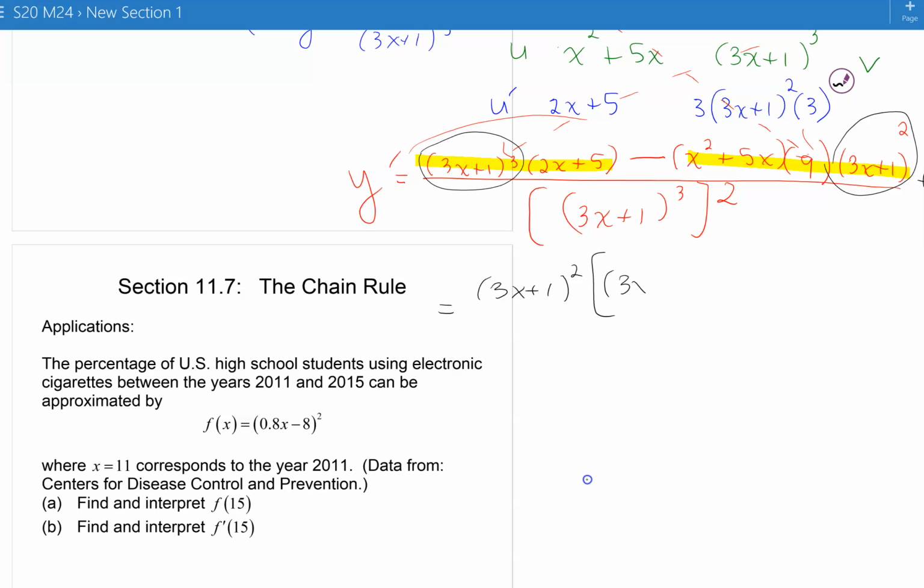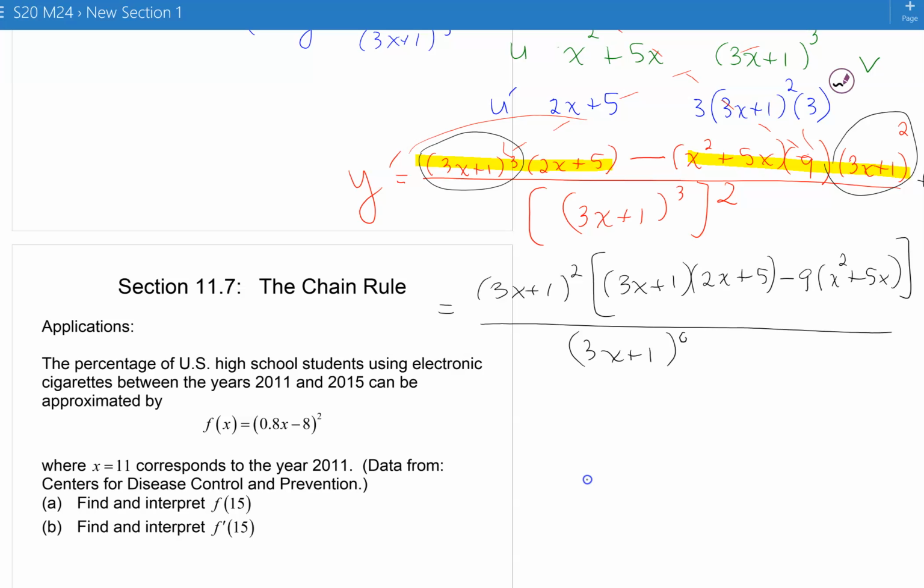So that's going to leave us with a 3x plus 1 times a 2x plus 5 minus a 9 times an x squared plus 5x, all over 3x plus 1. Then you need to think about the way your exponent rules work. And this is when they multiply, so it's going to be to the 6th power.